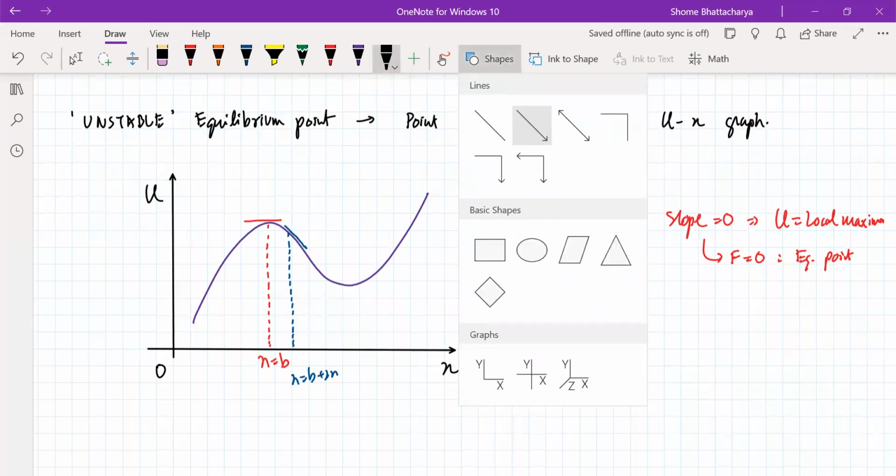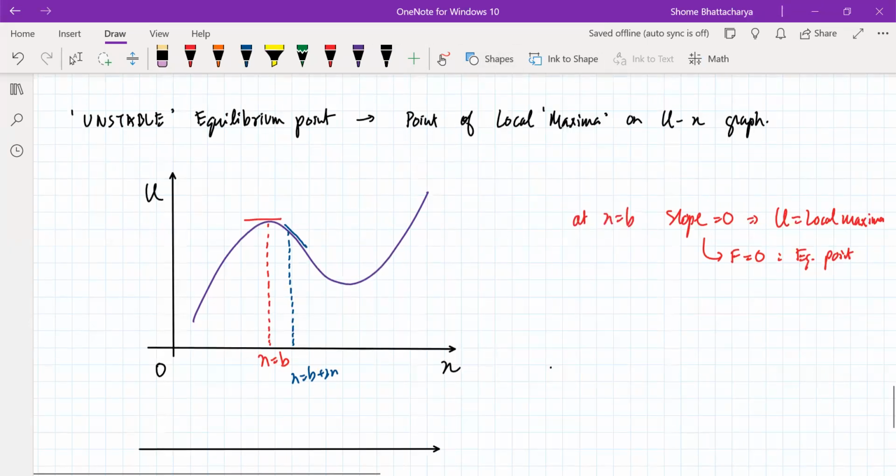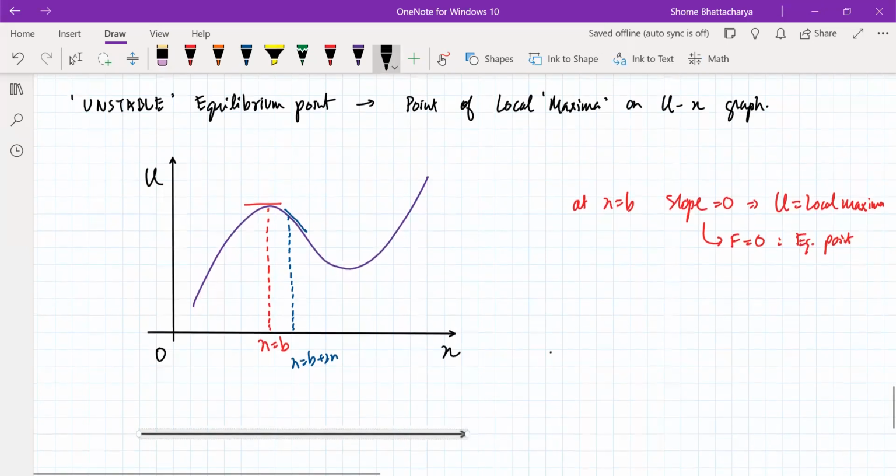So looking at the force picture, if I put my body or particle at the point x equal to b, the force is 0.